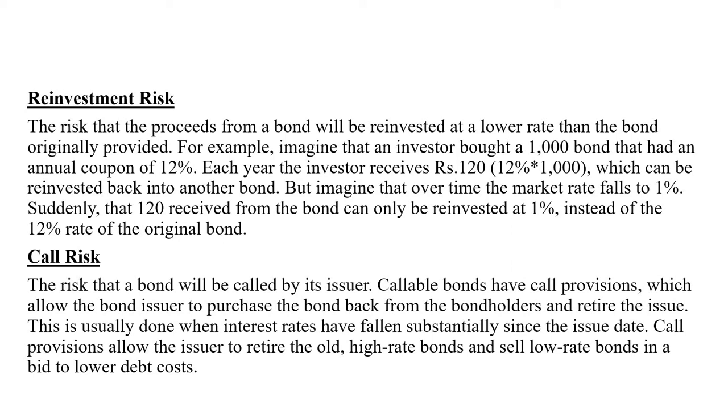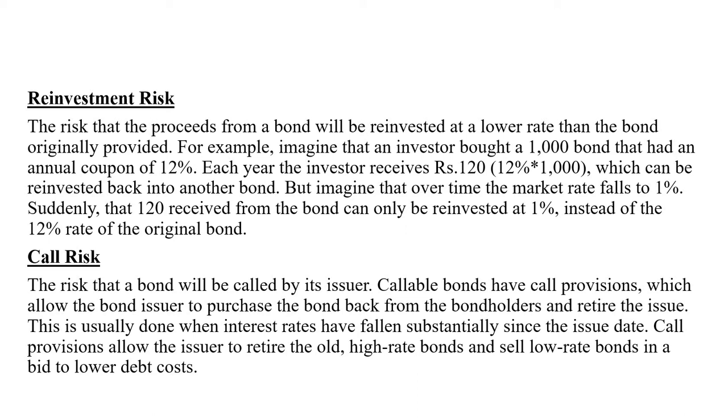Okay, next is call risk. Regarding call, we already studied in the types of bonds: call option bond, put option bond, correct? So what is a call option? Call option means where the issuer calls the bond before its maturity. Here what happens is, our return gets reduced. How does it reduce? For example, we purchased a 1000 rupees bond with a 5 years maturity at a 12% rate of return, and a call option is available on that bond.